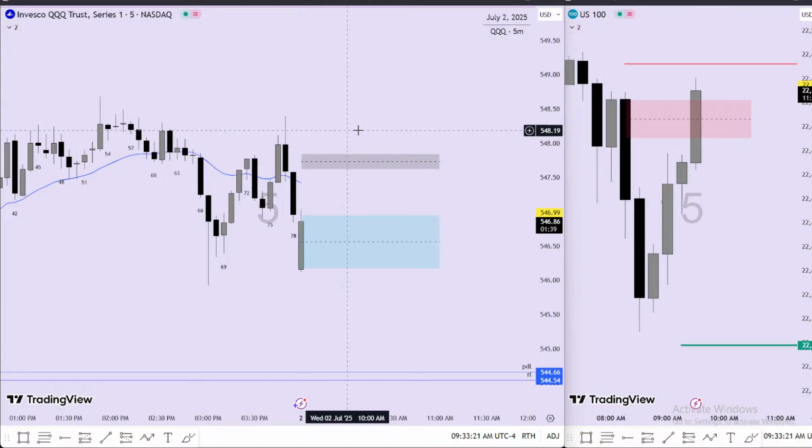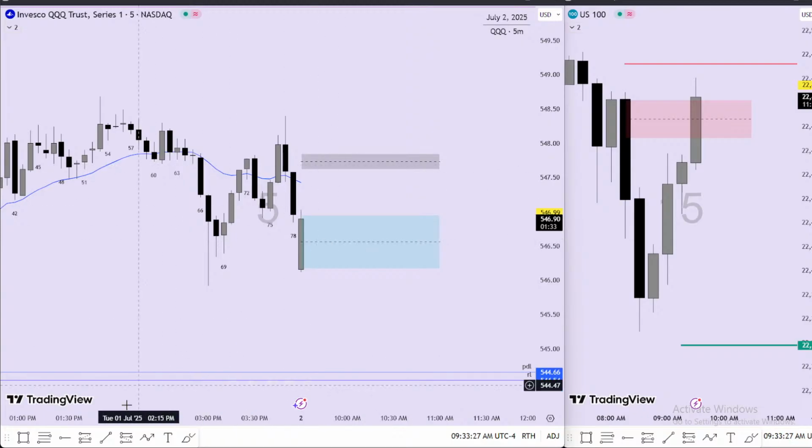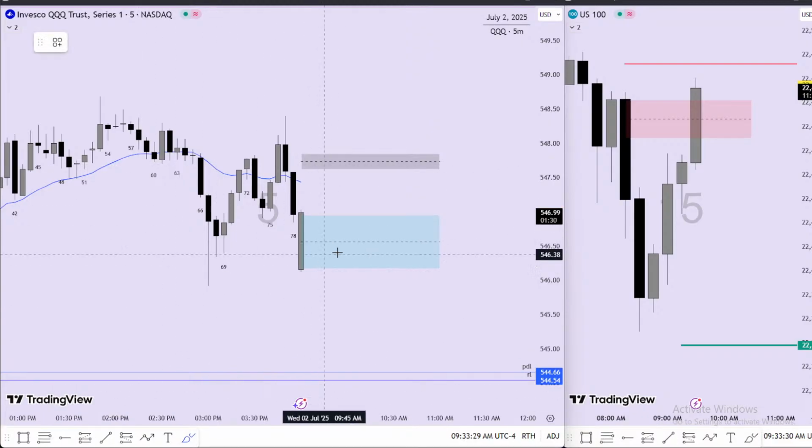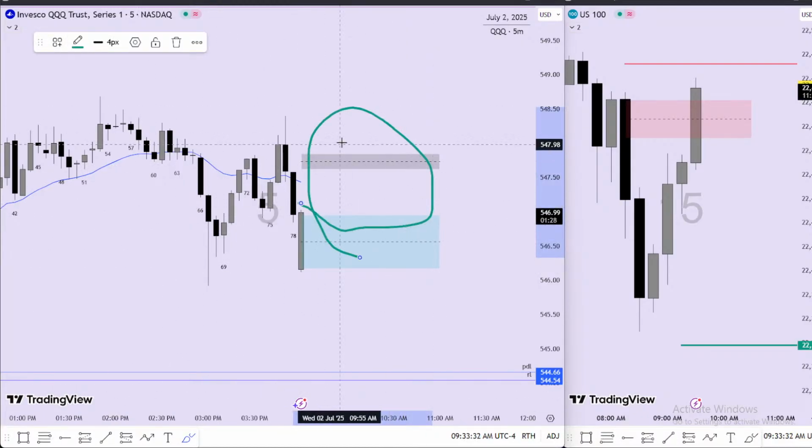Suppose we get a closing above this, the first 15 minutes range is something like this. Then it's more good for the bulls.